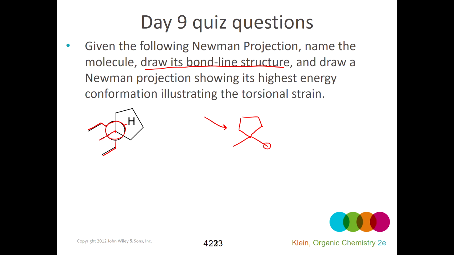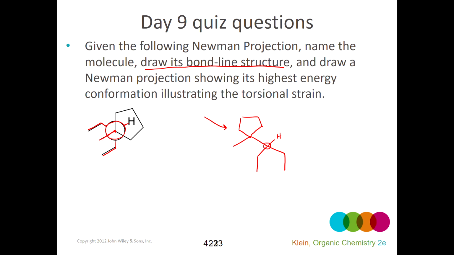It's indicating that group is on the front carbon. So the back carbon has only things that are drawn to the circle. So there's a hydrogen, an ethyl group, and an ethyl group. And notice the hydrogen is staggered in between those two parts of the ring. So this would be my hydrogen, my ethyl group, and my other ethyl group. So there's my bond line representation.